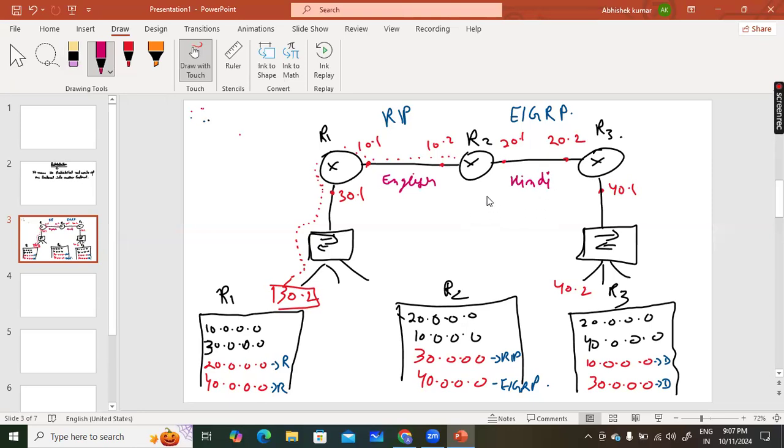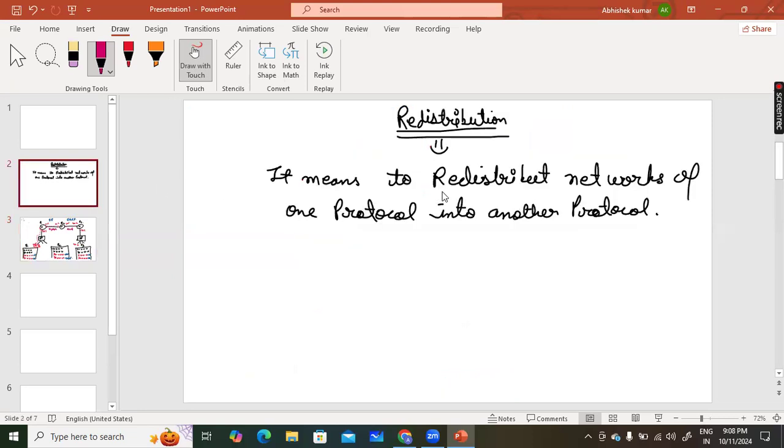So now the issue is that R2 knows English as well as Hindi, but we have to tell it to translate English into Hindi and Hindi into English. That is what we call redistribution of networks of one protocol into another protocol. Clear? Tell me.